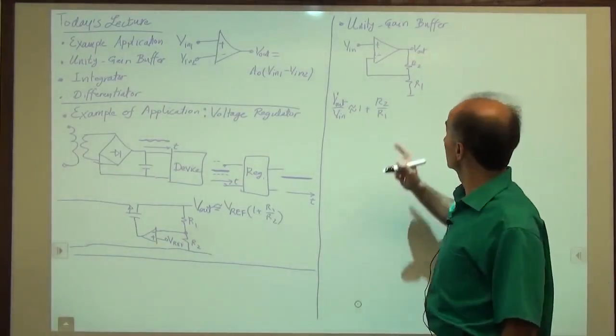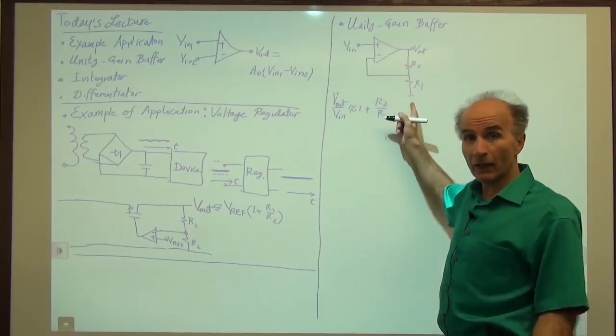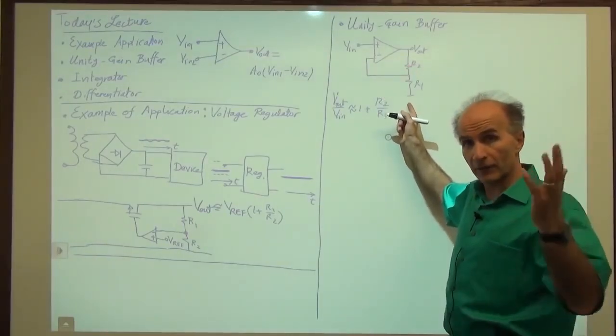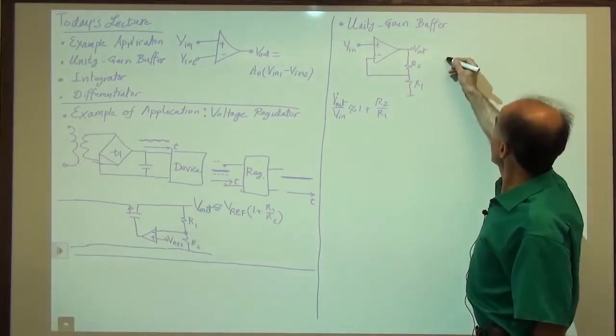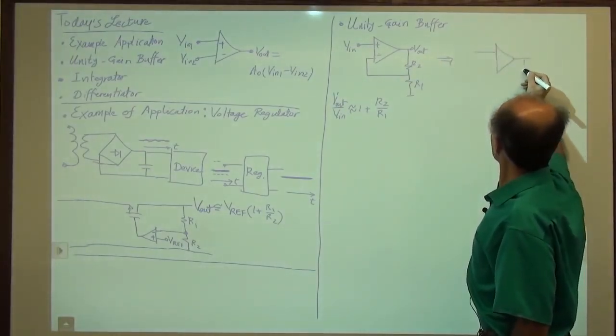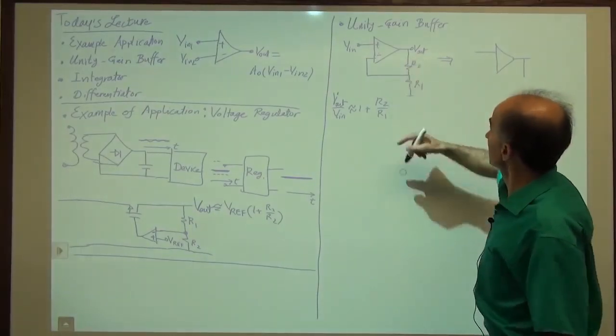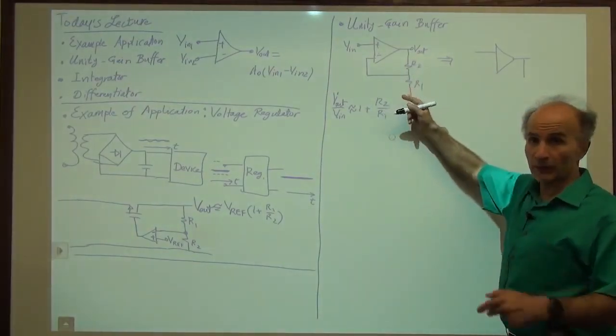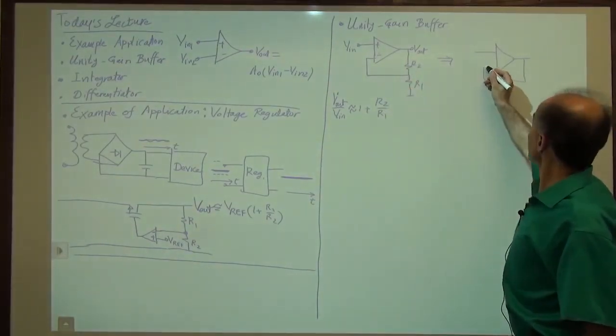In other words, R2 is maybe 0 and R1 is infinity, right? Let's consider the extreme case. So let's consider a special case where we have R2 is 0, a short circuit, R1 is infinity, an open circuit. So it's just like this.